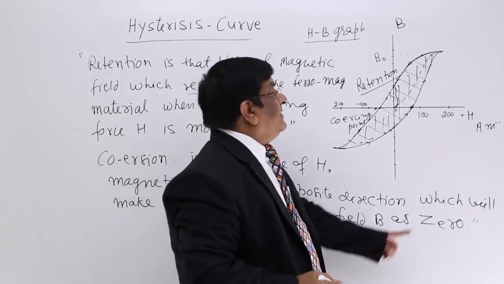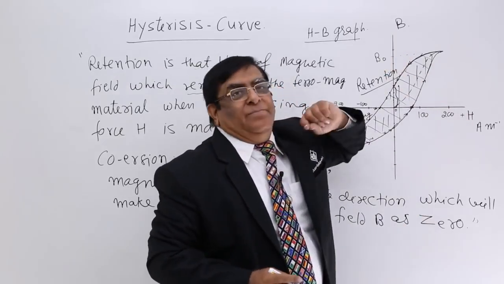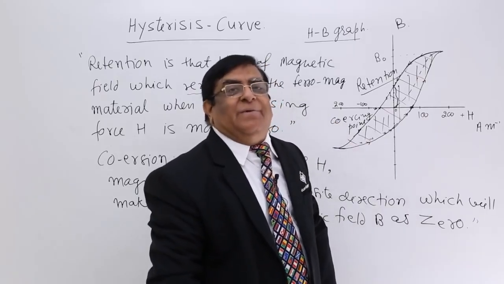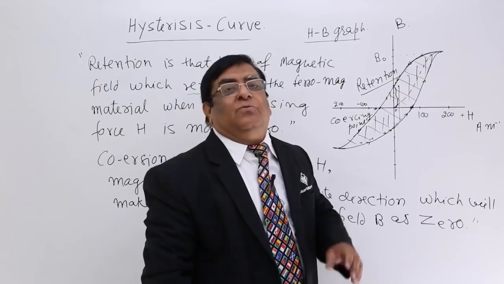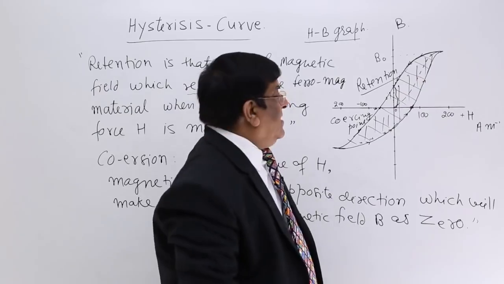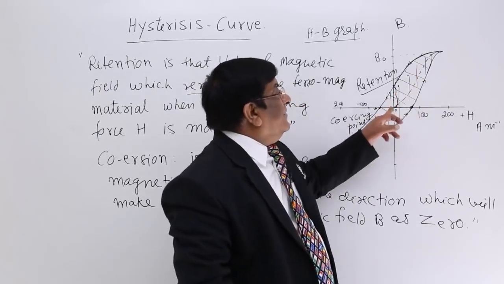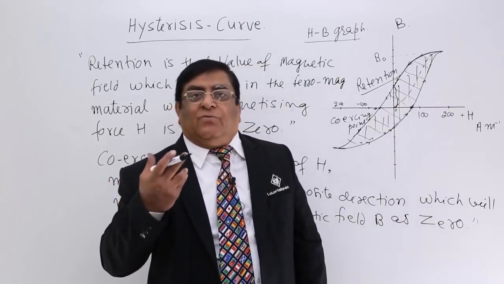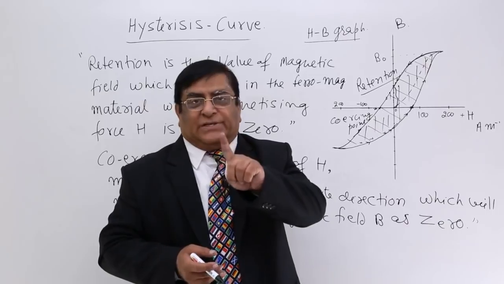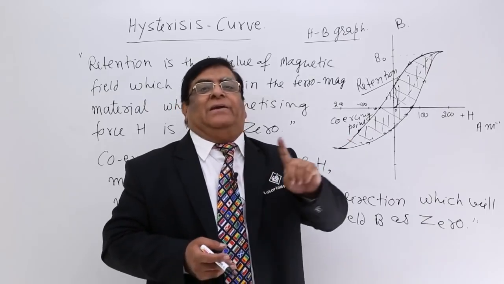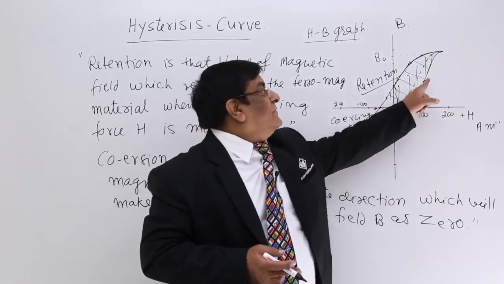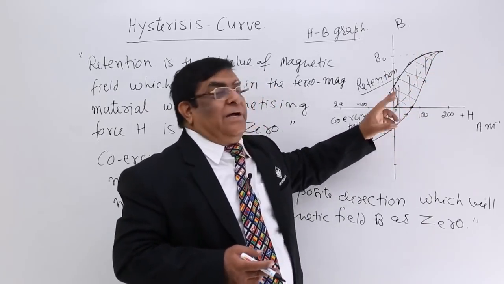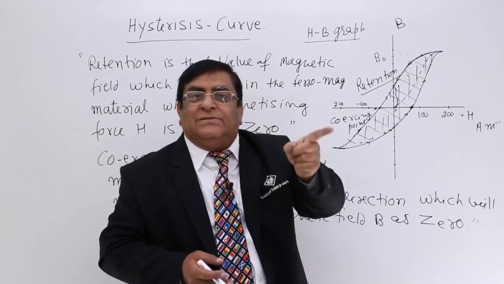Area is length into width, that is H multiplied by B, and when we multiply H and B, it comes to the dimensions of energy or work done. So this area represents the work done. Work done in what? Work done in one process of magnetization and demagnetization, the work done on the domains.